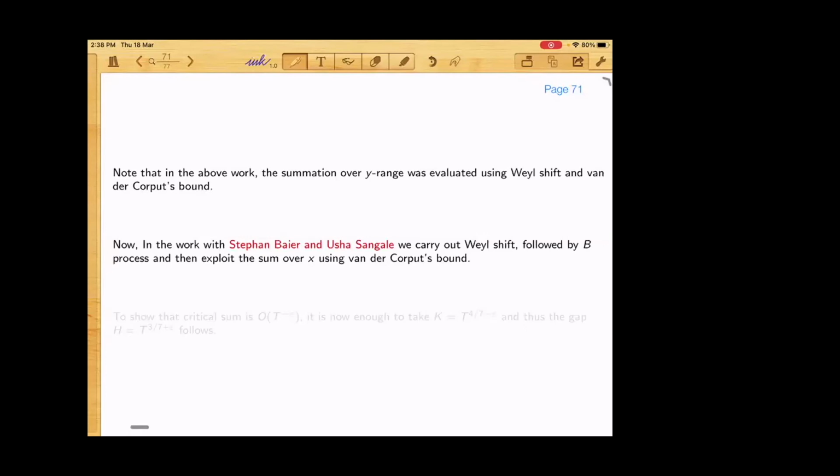we have tried to estimate the critical sum non-trivially in the other parameter also. So we carried out the Weyl shift followed by the B process, and then exploited the summation over X using van der Corput's bound. In the earlier paper, only the Y range was non-trivially estimated, but here, by rearranging the sum, we have managed to also use van der Corput's estimate in the X variable.